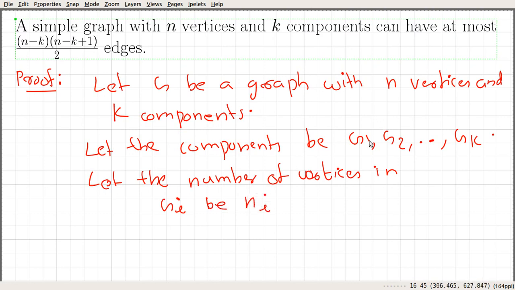So the number of vertices in G1 is n1, G2 is n2, and so forth. If we sum up all those, we get n1 plus n2 plus up to nk, and this quantity must be equal to n, where n is the number of vertices in the graph. Okay, so let's look into this particular component Gi.